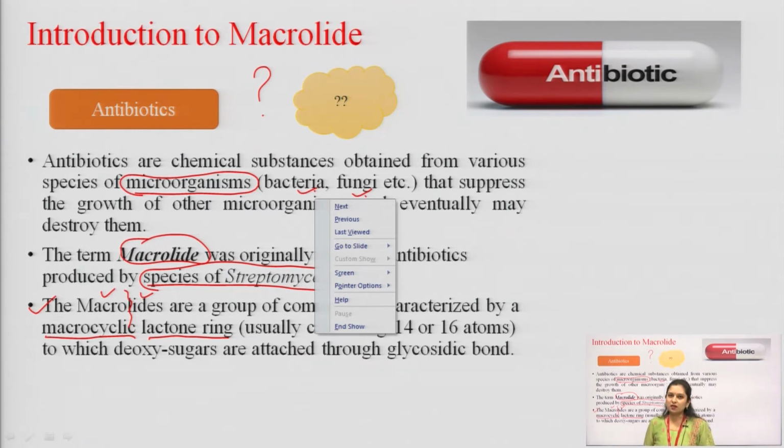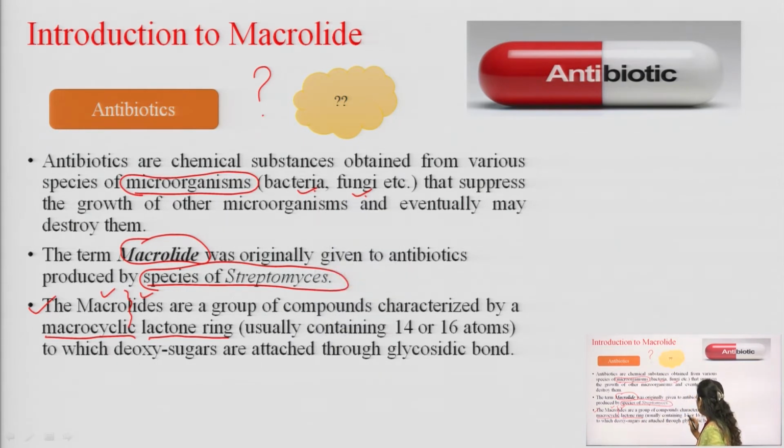So, here we can understand that macrolides are those compounds which contain a macrocyclic lactone ring having 14 to 16 atoms in their structure.